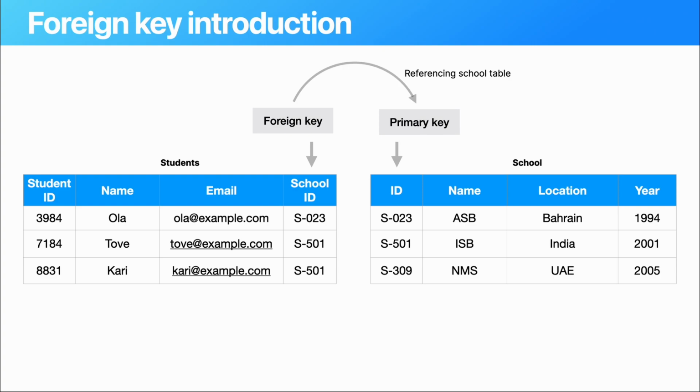So that's all about primary and foreign key. Primary key means a unique identifier of a particular record, and foreign key means a reference to another table, not a part of the student information.